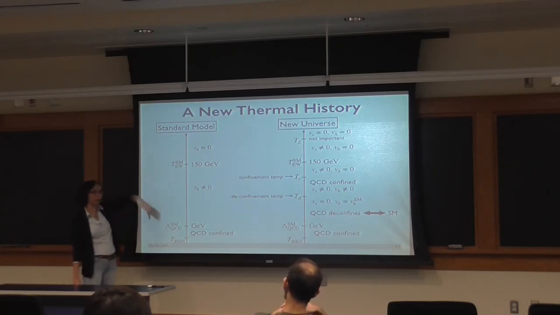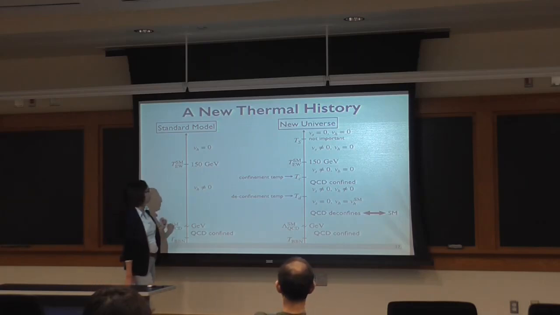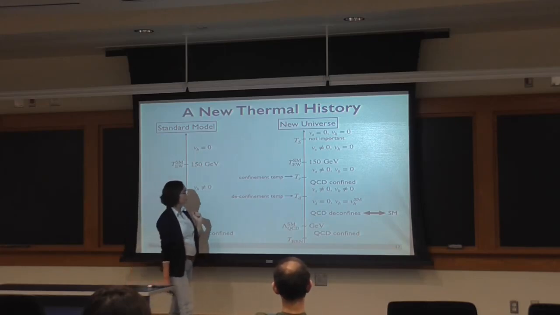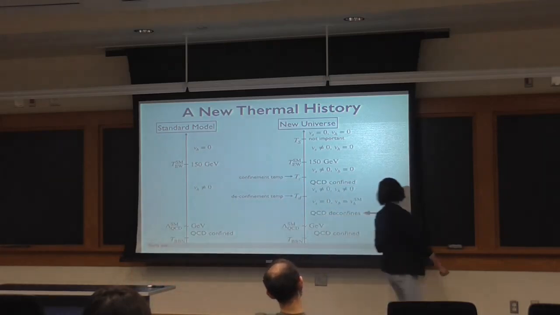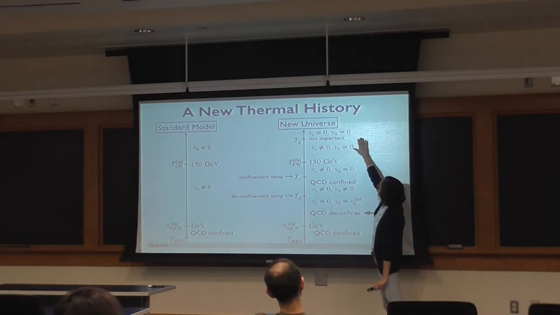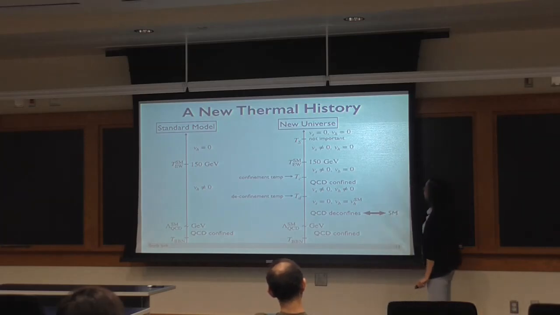Of course, there's a lot more happening in the meantime, but these are the points that are important for today's talk. In the new universe, there will be many more phases and points of importance. At very, very high temperatures, the two universes are the same: both Higgs value is 0 and singlet value is 0.